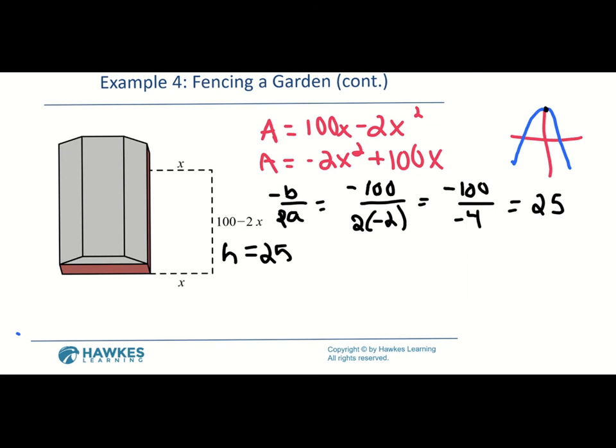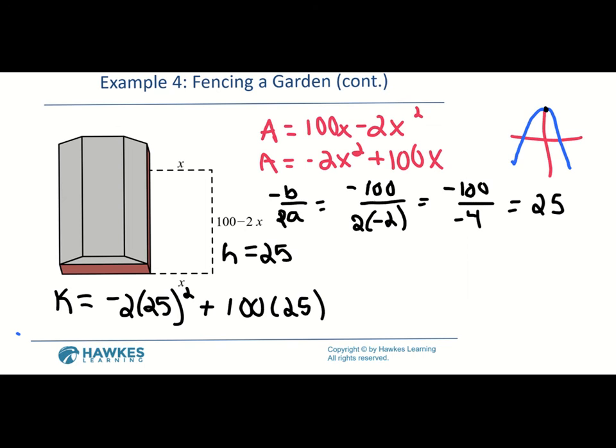Now we do need to find k. And again, 25 isn't bad. Let's plug it into the problem to find k. So we are going to do -2 times 25 squared plus 100 times 25. When we do 25 squared first, it is 625 times the -2.